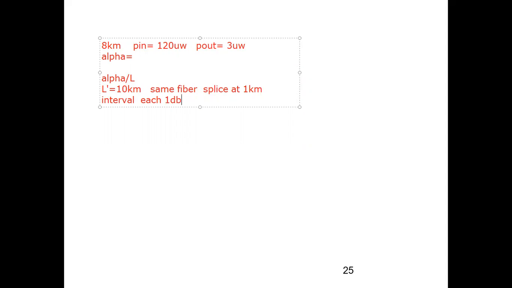Okay, so in the third case, you're supposed to find out alpha. For now, the situation is 10 kilometer link hai, fiber splicing at every kilometer. Each splice is giving a loss of 1 dB. Now, the catch is over here.